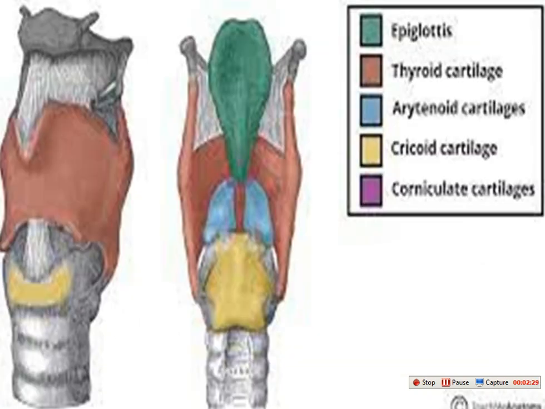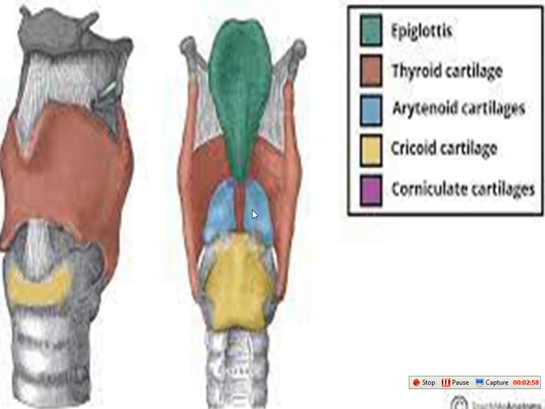Now we reach the larynx. This is the voice box, which is responsible for sounds, and it has four cartilages. The first one looks like a spoon, and we call it the epiglottis, which encloses the glottis, the opening of the larynx. This is a big, more permanent cartilage, the thyroid cartilage.